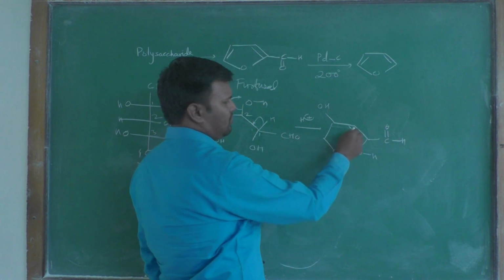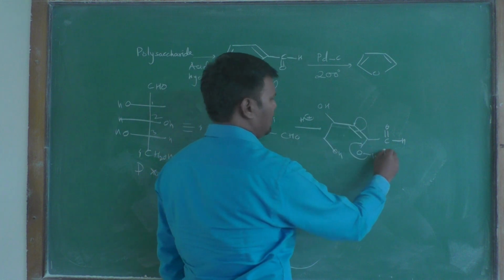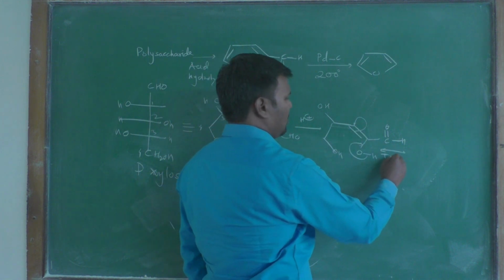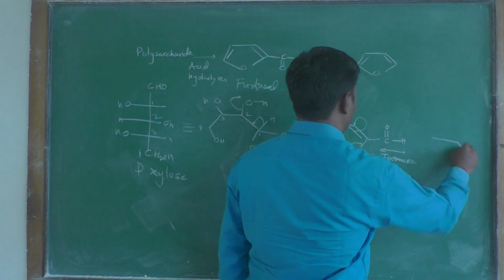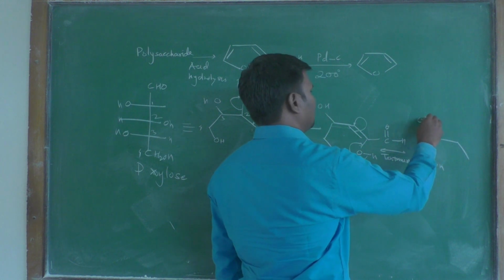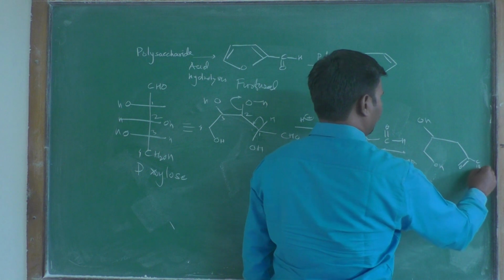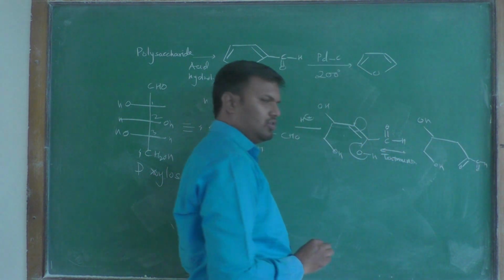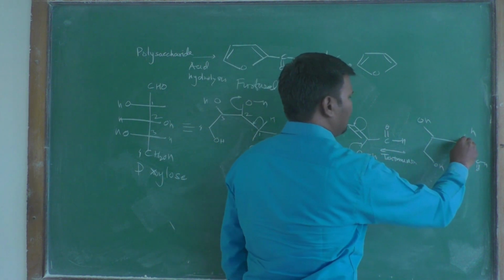Then tautomerism with double bond and OH, like that tautomerism is there. Then during this you will obtain a carbonyl compound at this position. Then this hydrogen will give H2O.